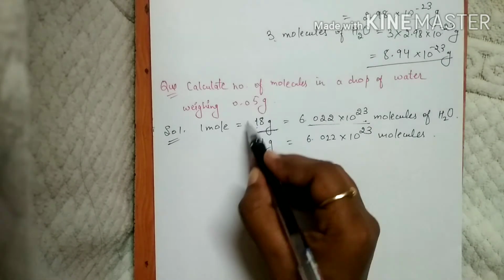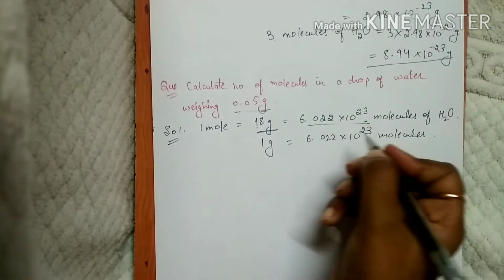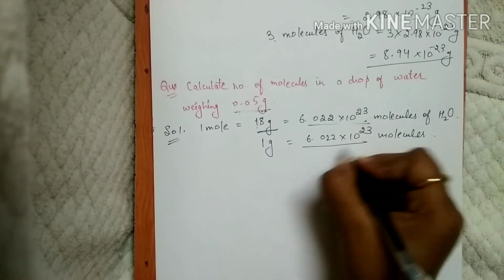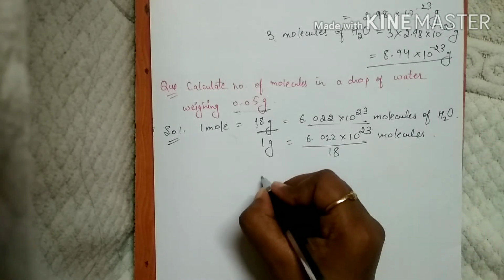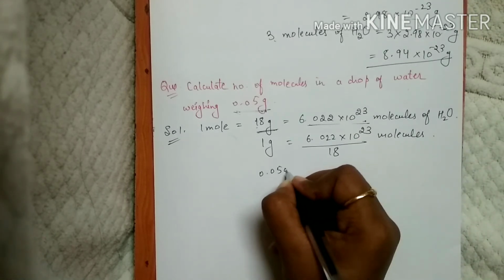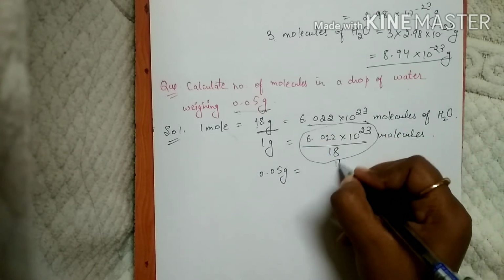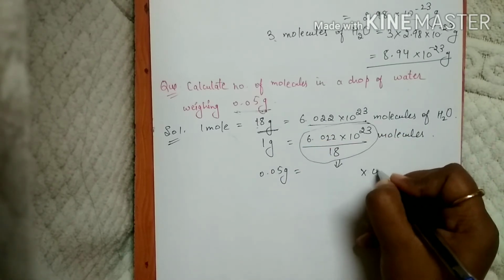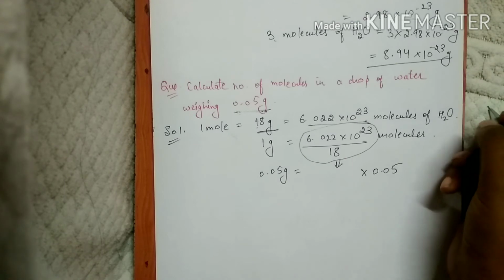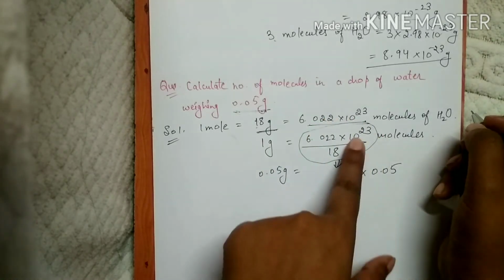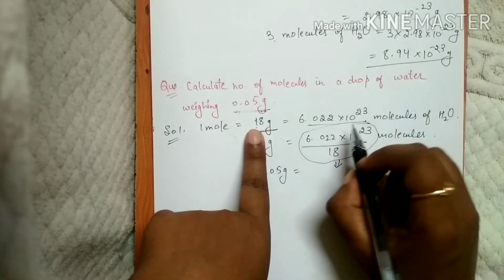But we want for 0.05 grams. So what we can do is just simply solve it, and whatever is the answer, multiply that by 0.05. For 1 gram, we have to find like this. For 18 gram, it was Avogadro number.